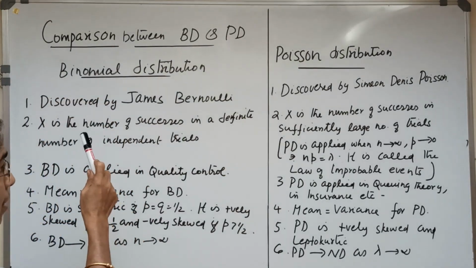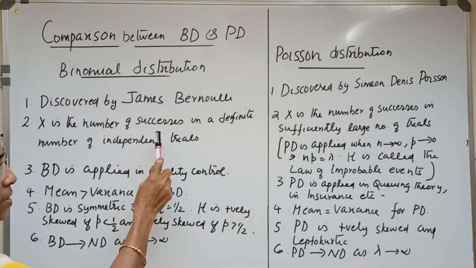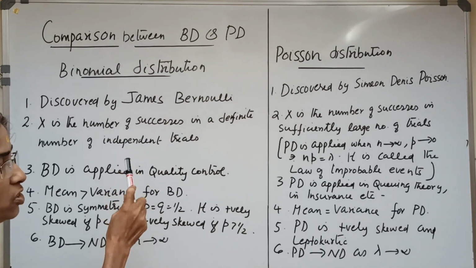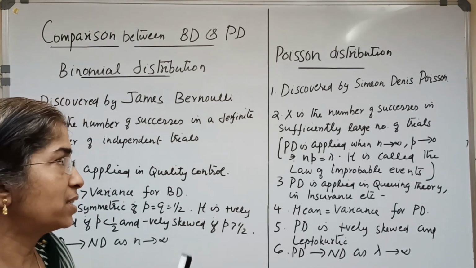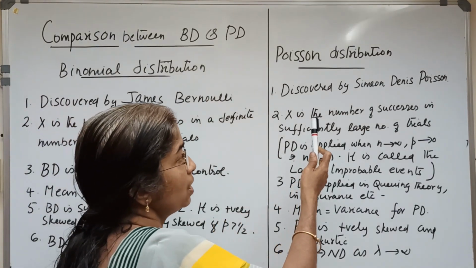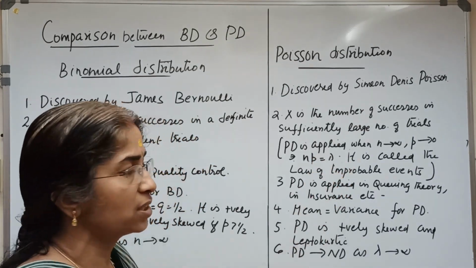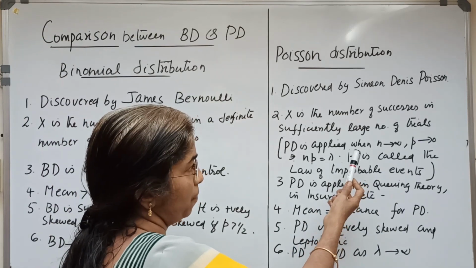In the case of binomial distribution, X is the number of successes in a definite number of independent trials. For a finite number of trials, X is the number of successes. Whereas in the Poisson process, X is the number of successes in a sufficiently large number of trials.